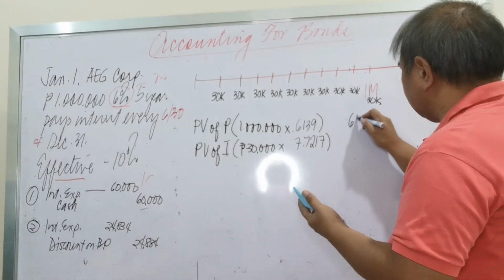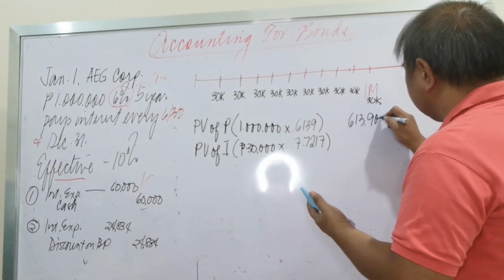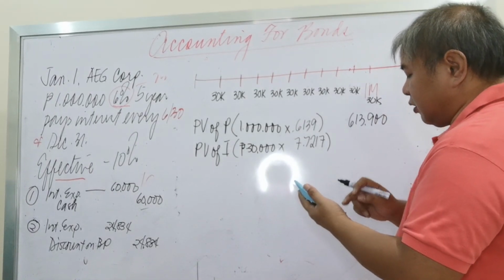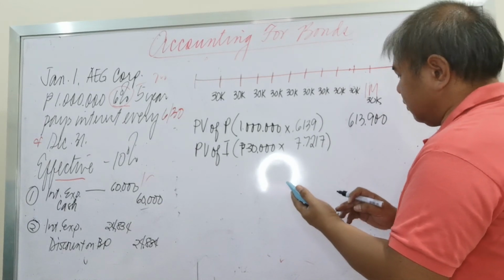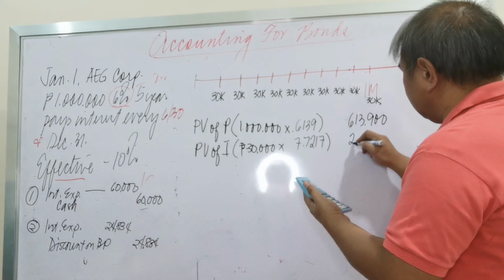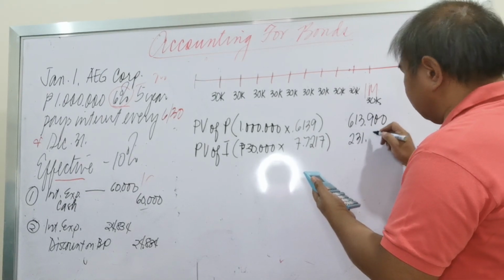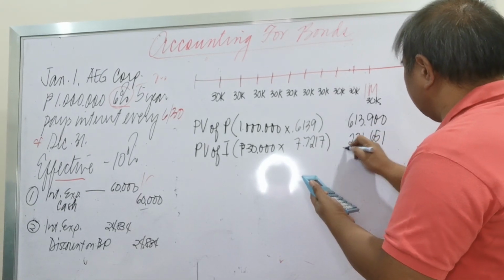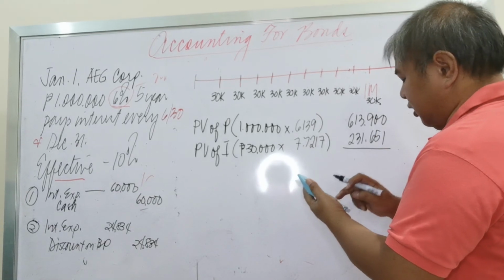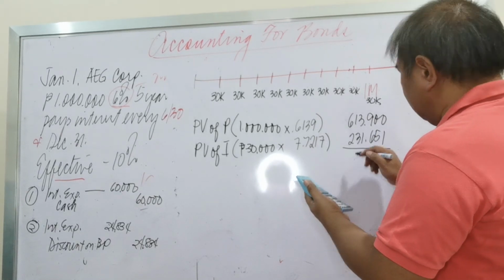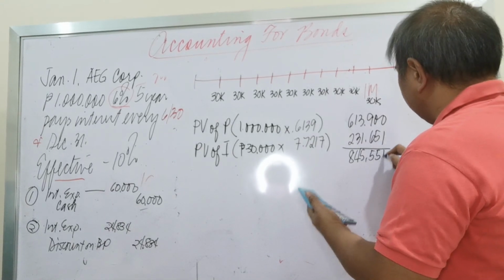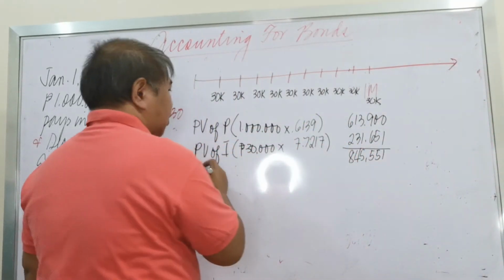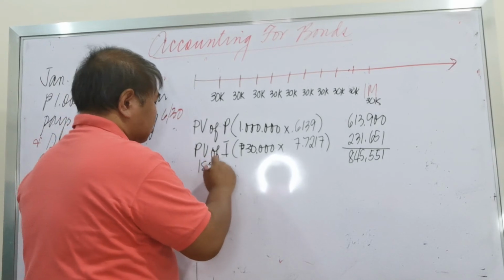So this is 613,900. And then 30,000 times 7.7217. This is 231,651. Okay, so plus 613,900. So this is 845,551. Okay? So this is now our issue price.